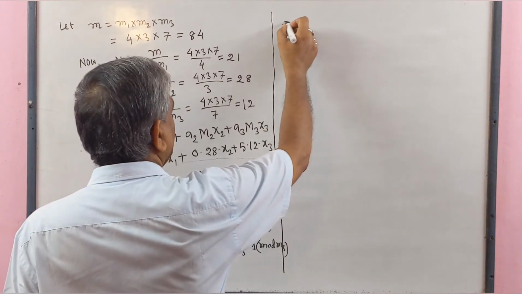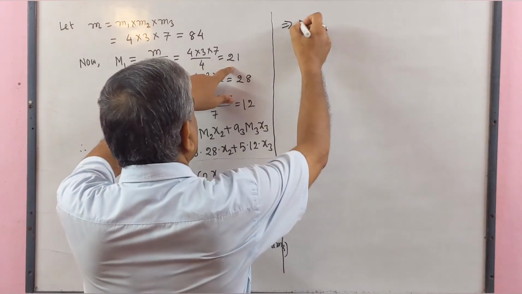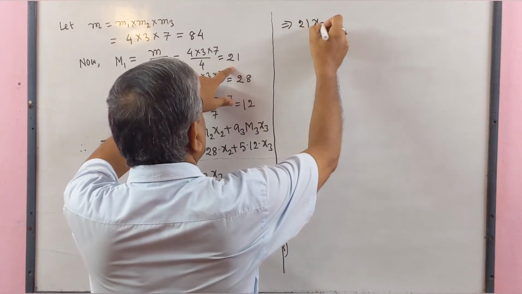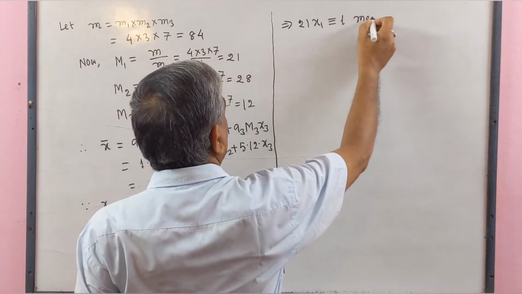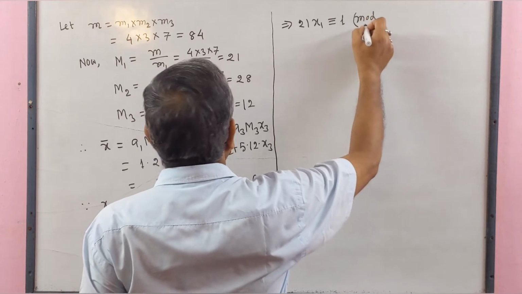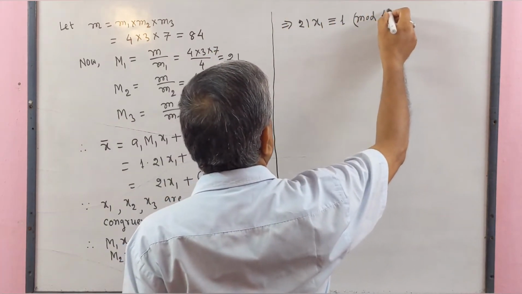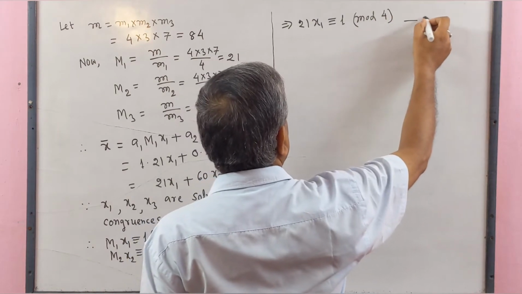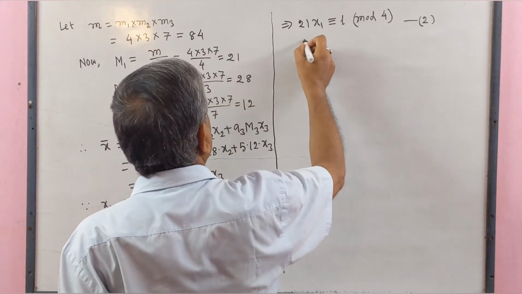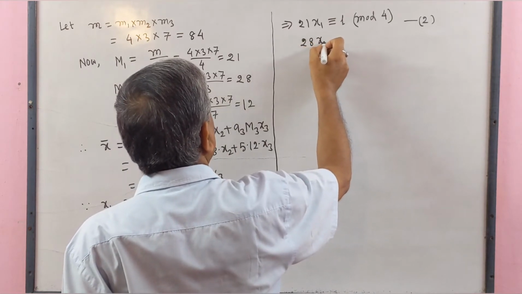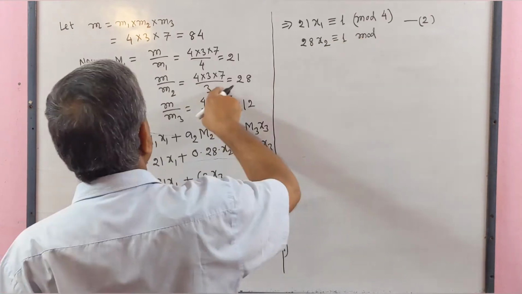This implies that capital M1 is 21, x1 congruent to 1 modulo small m1 is 4. Let this is number 2. Next, capital M2, 28, x2 congruent to 1 modulo 3.